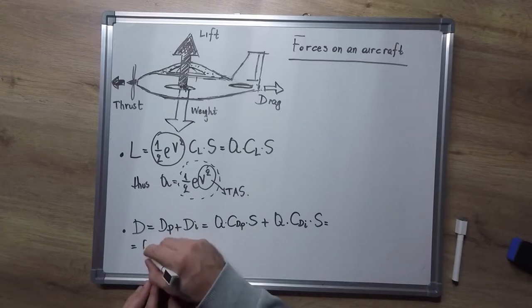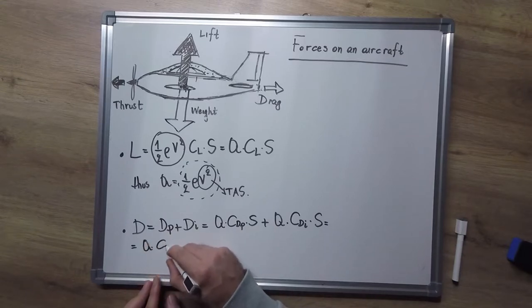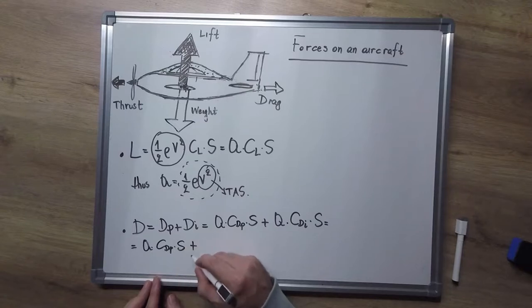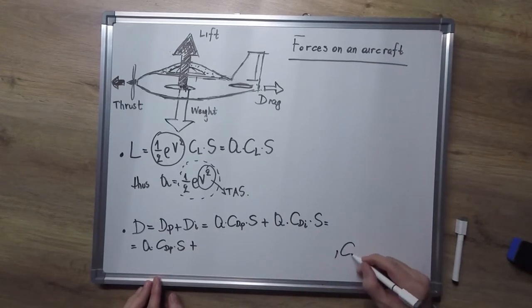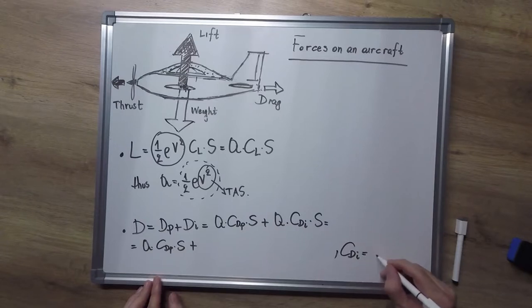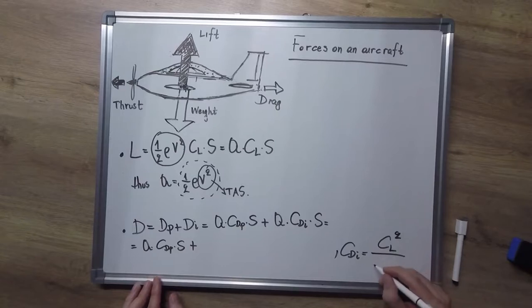So what we have now is that the coefficient of induced drag is equal to the square of the coefficient of lift divided by pi and the aspect ratio of the wing, plus another factor that we don't care about now.